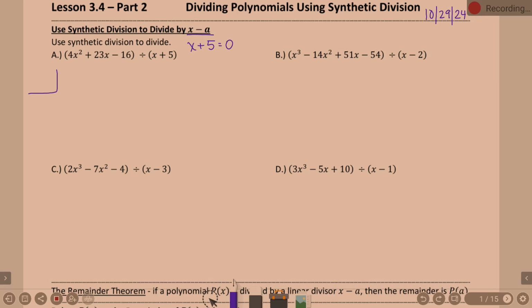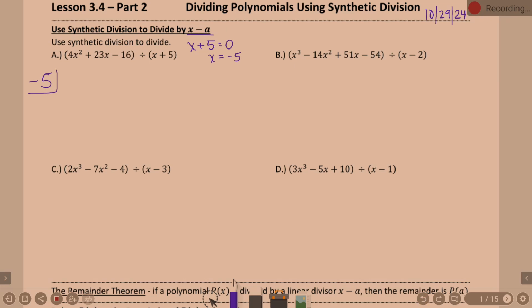And if you solve that, what are you going to get? You're going to subtract 5, x equals negative 5. That negative 5 is my a value. And that goes in the box right here. So that represents the x plus 5 that we're dividing by. So when they give it to you in this form of x plus or minus a number, you're always going to use the opposite sign.